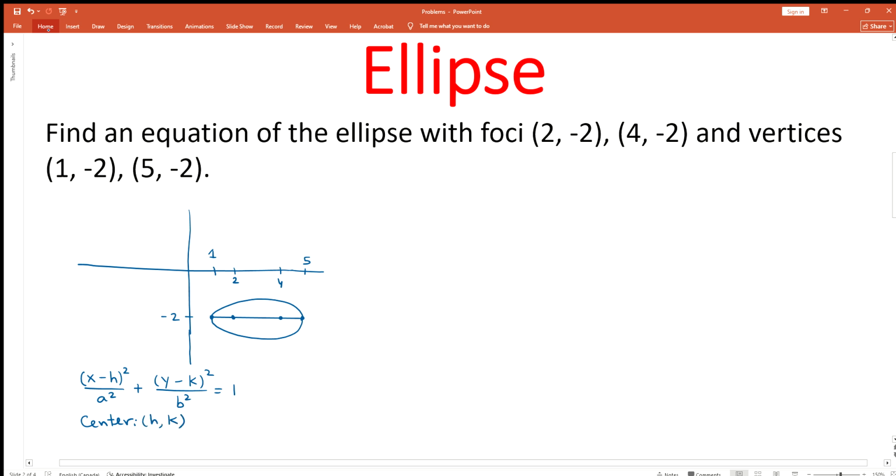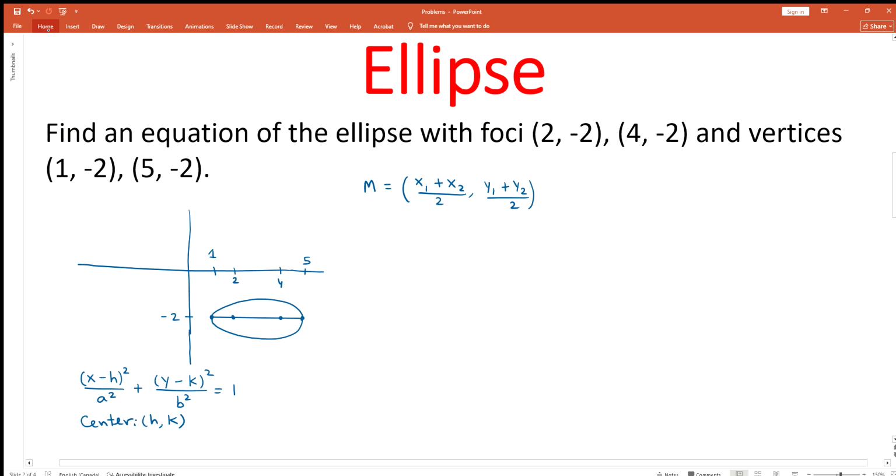To write the equation of this ellipse, we have to find the values of h, k, a squared and b squared. The first step is to find the center of the ellipse. The center of an ellipse is the midpoint of the line segment that joins the foci or vertices of the ellipse. We can use either the given foci or vertices to find the center using the midpoint formula, which is (x1 plus x2) over 2, (y1 plus y2) over 2.